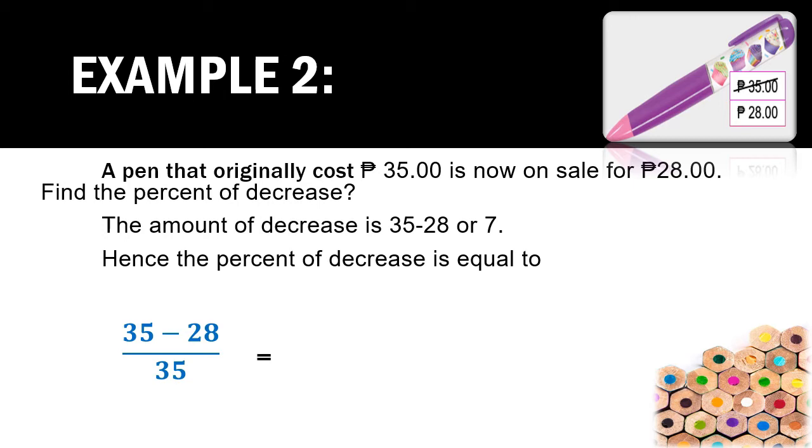That is 35 minus 28 is 7 over the original price, which is 35. So we will divide 7 by 35. That gives us an answer of 2/10. Again, we will multiply this 2/10 by 100%. That is also 20%. So the percent of decrease is 20%.